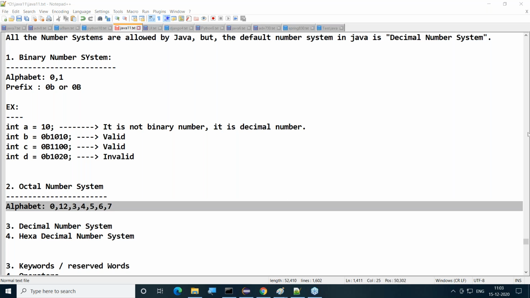You can understand clearly, 8 is not going to be included.